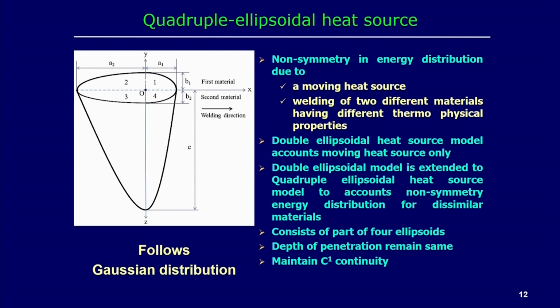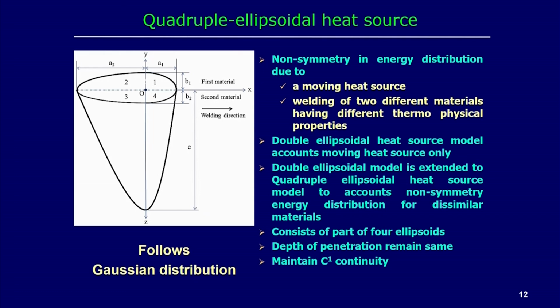Of course, the double ellipsoidal heat source model only accounts for the non-symmetry in terms of the moving heat source. The double ellipsoidal model we can simply extend to the quadruple ellipsoidal heat source model to account for the non-symmetric energy distribution, and it simply consists of four parts of ellipsoids.